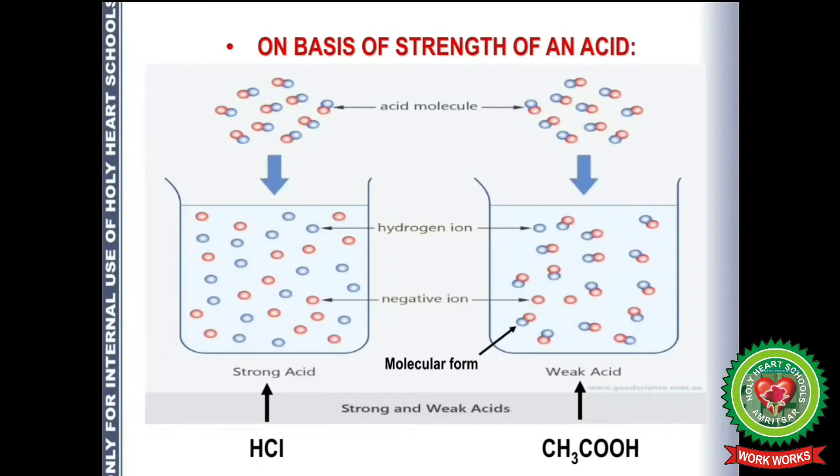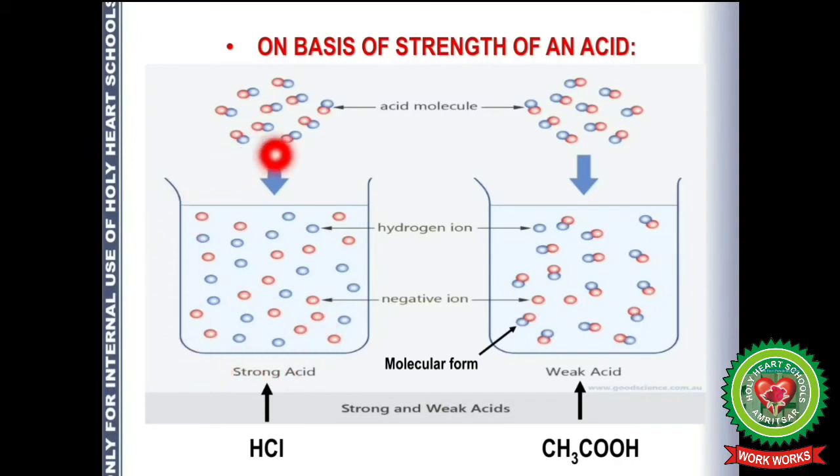Let's take an example, and the picture is in front of you. There's an example of a strong acid like HCl and a weak acid like acetic acid. The acid will be in its molecular form, but when it dissolves in water, it has a tendency to ionize. It can form ions.